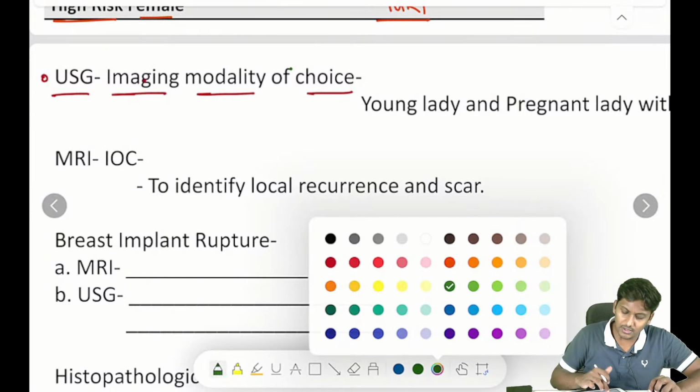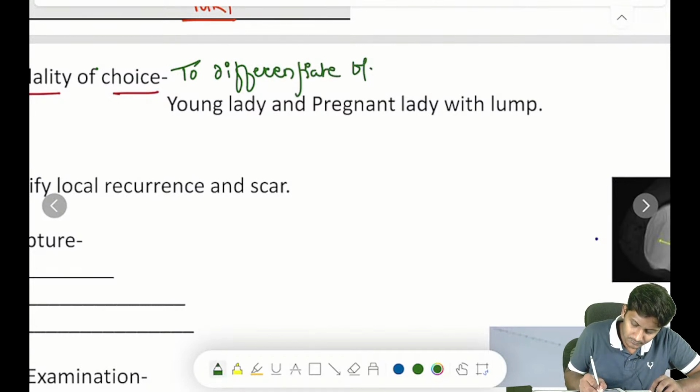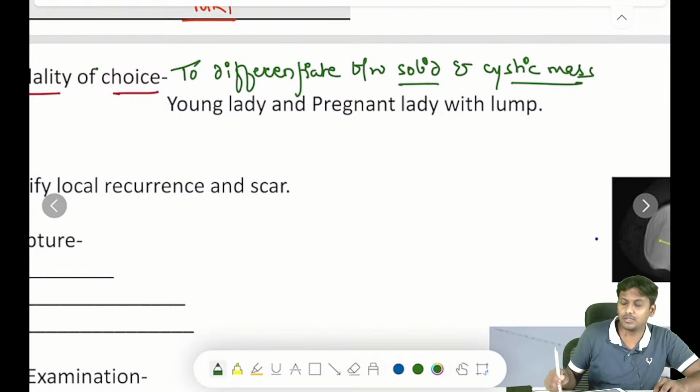In which conditions? First of all, to differentiate between a solid and a cystic mass. For example, a patient comes to you with a breast lump and you have to differentiate whether the patient is having a solid mass or a cystic mass.